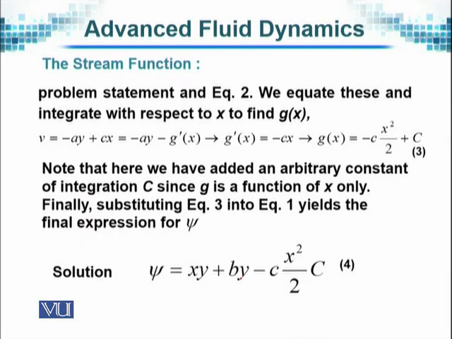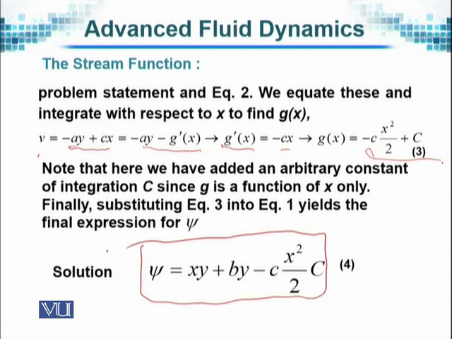When we evaluate and equate these expressions, we obtain that v should be equal to these two values. They must be identically equal, and therefore it renders that the derivative of g with respect to x should be minus cx, and when we integrate g with respect to x, we will obtain this, where c is some constant of integration, and this time it's a constant, not depending on any other variable. So therefore, we have the value of psi as this.